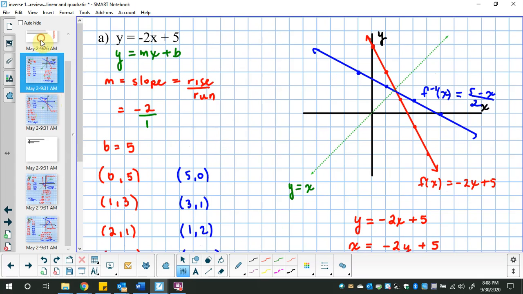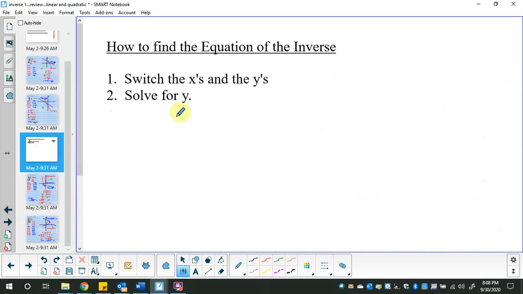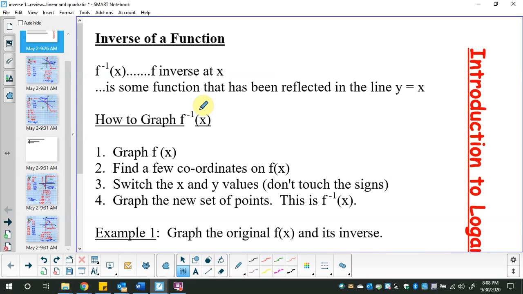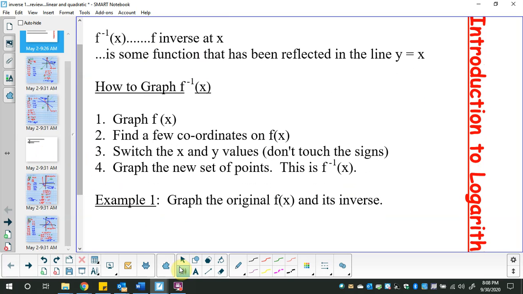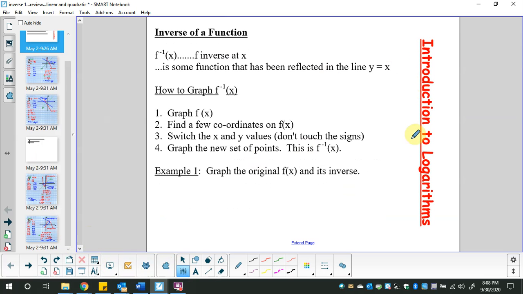So what we're going to be doing is these steps right here and these steps right here to teach you about this brand new topic, which is called, let me put this on full page. Introduction to logarithms, but there was no way I was going to leave you with your memory for inverse of a function, because that's really what logarithms is.